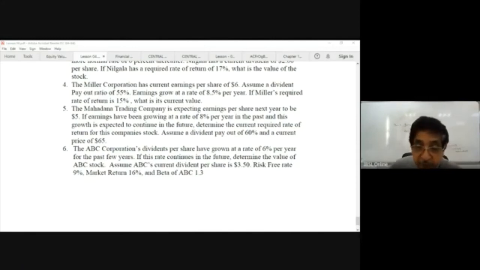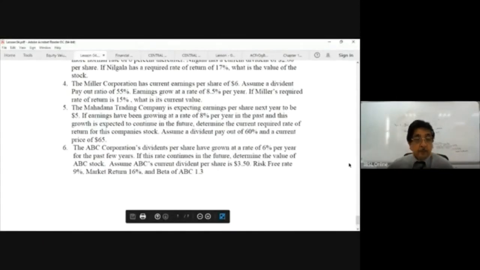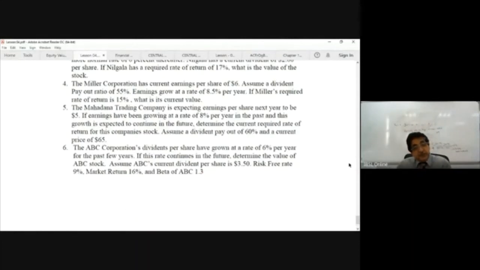Right now, if you go to the question again, the ABC Corporation's dividends per share have grown at a rate of 6% per year for the past few years. If this rate continues in the future, determine the value of ABC stock. Assume ABC's current dividend per share is 350. Risk-free rate is 9%. Market return is 16% and beta is 1.3. It's an aggressive stock since it is 1.3 and higher than 1.